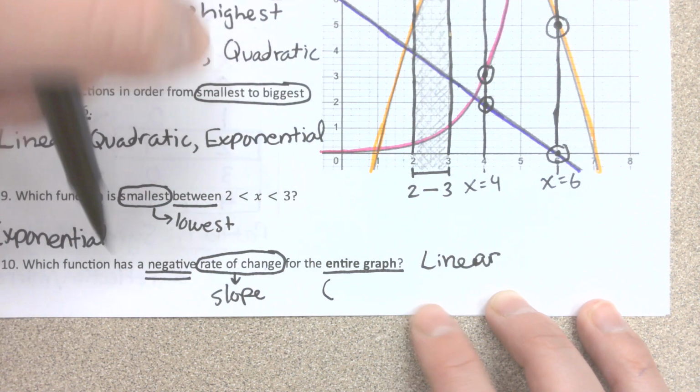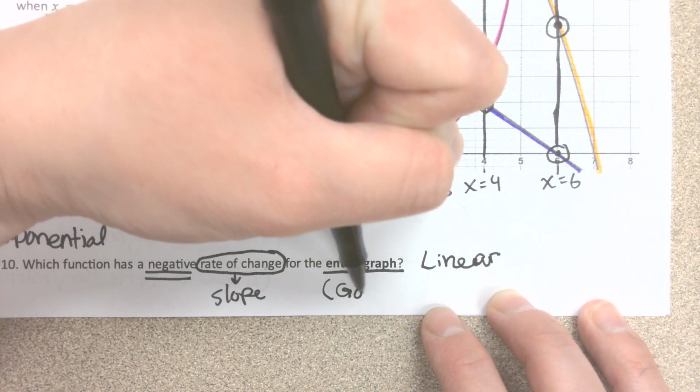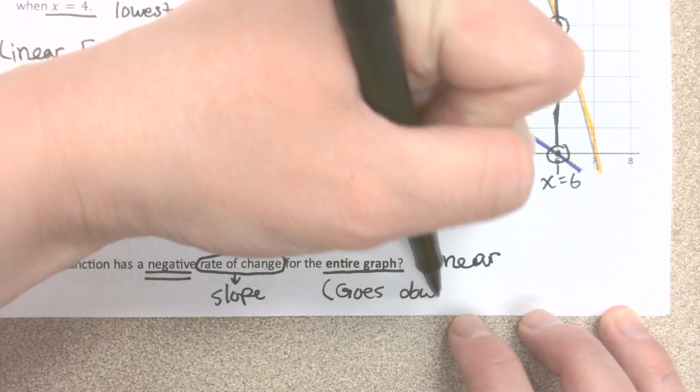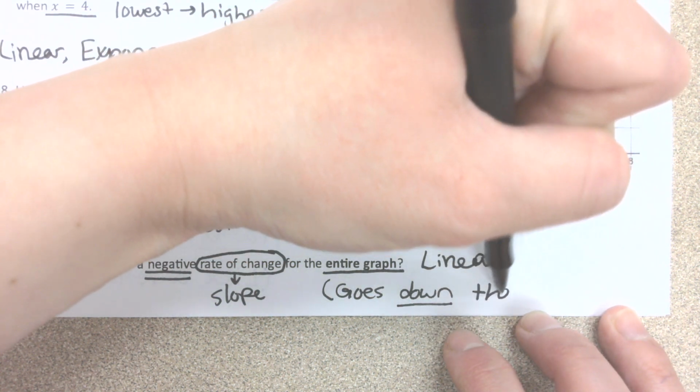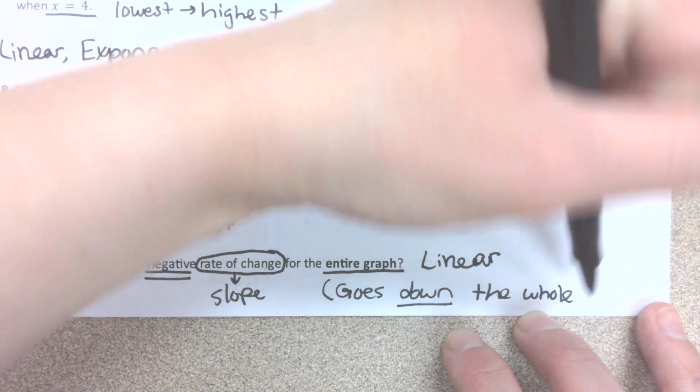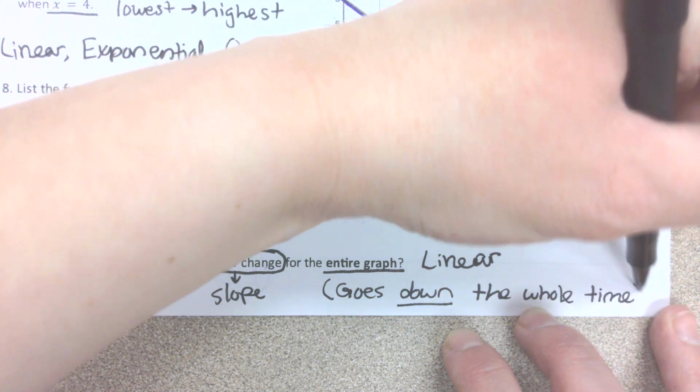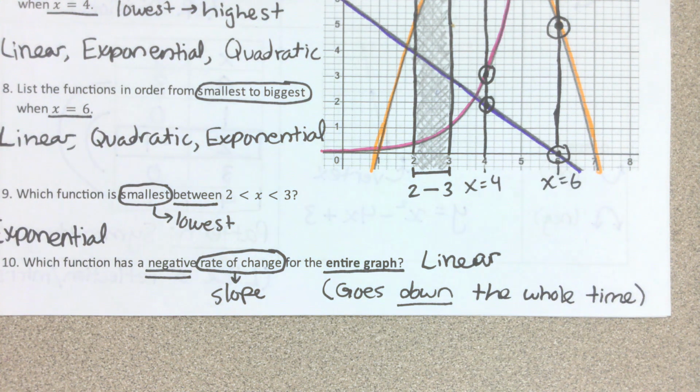Another way of putting these directions: goes down the whole time. We know it's going down because it's negative. Questions on graphs before I move to word problems.